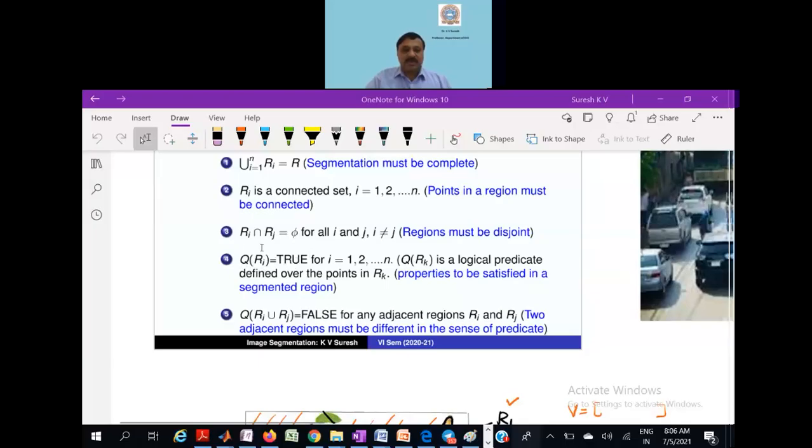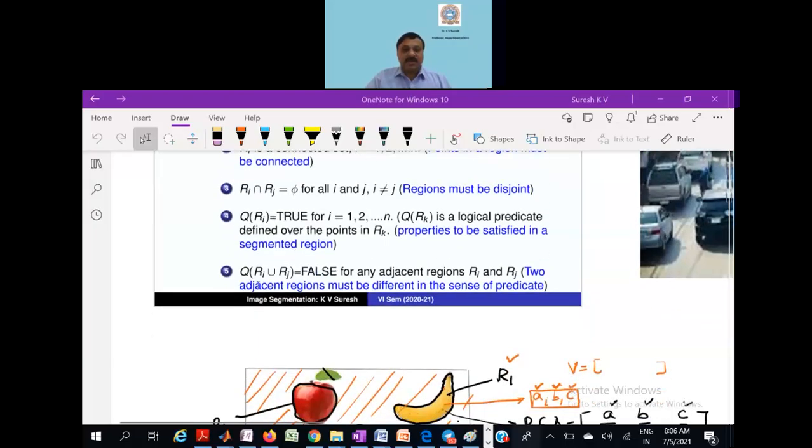That means the condition has to be true. And if I take the union of two regions, it should be false, because you cannot have the condition be the same for both regions. So adjacent regions should have different predicates or conditions.